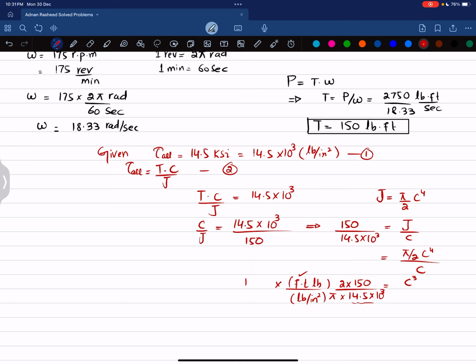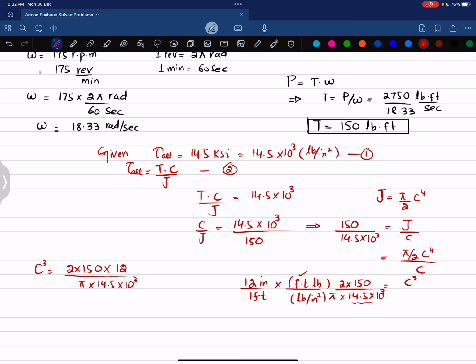So I will multiply by 12 inches divided by 1 foot. So finally you will get C cubed equal to 2 multiplied by 150 multiplied by 12 divided by pi multiplied by 14.5 into 10 raised to power 3.